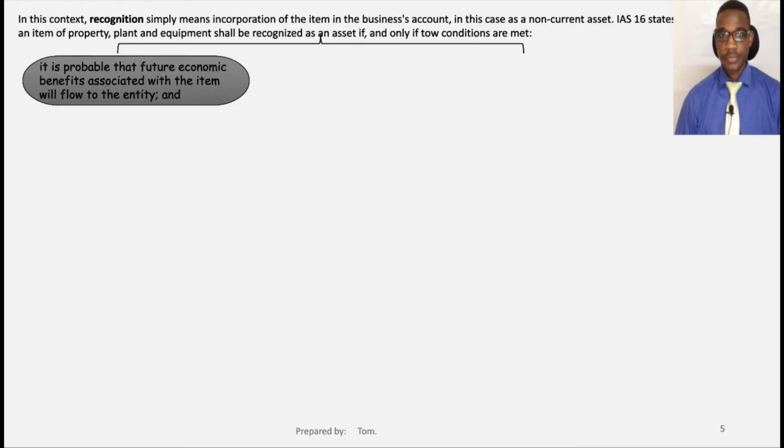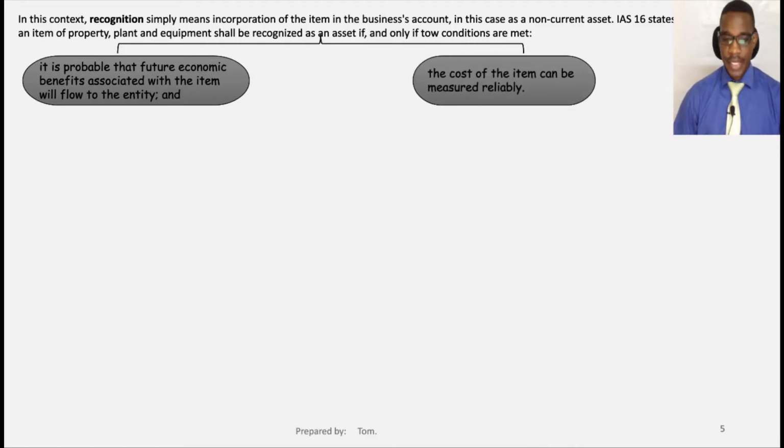For example, you paid $20,000 to buy an apartment for your staff as staff accommodation. This apartment will increase the future economic benefit in your business account. The second condition is that the cost must be measured reliably.